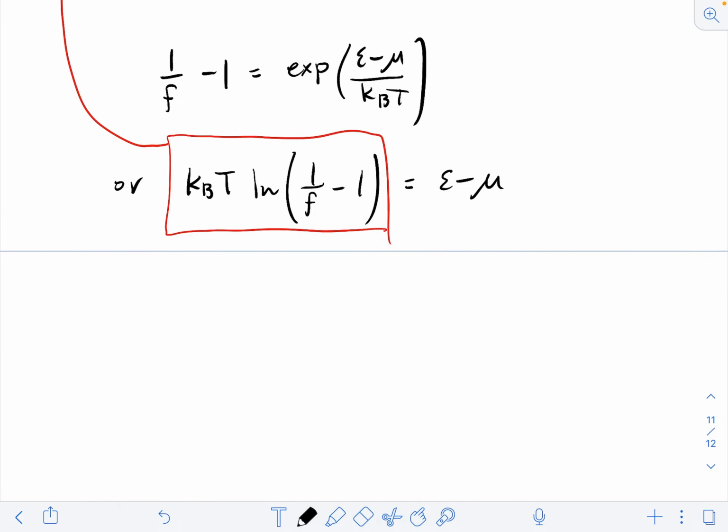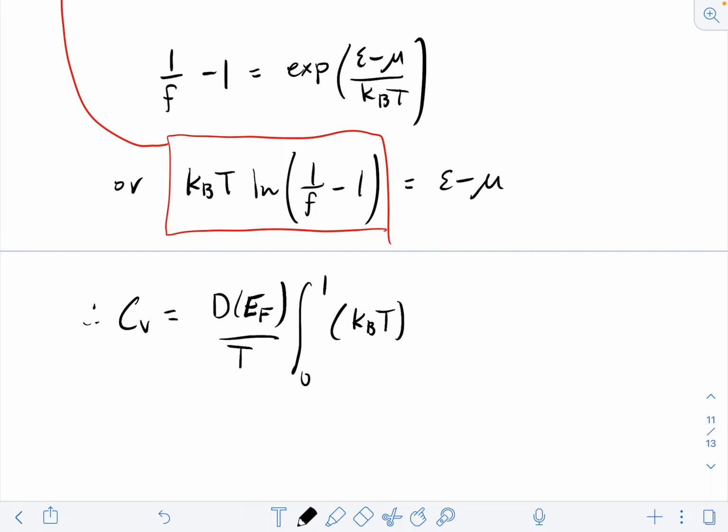Okay, so let's see. Our heat capacity then is the density of states at the Fermi energy divided by T, then we had the integral 0 to 1, and then we had epsilon minus mu squared, and so that's going to be kBT squared. And then we have the ln of 1 over f minus 1 squared in df.